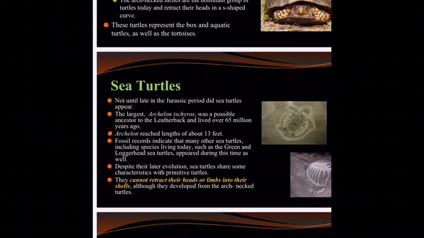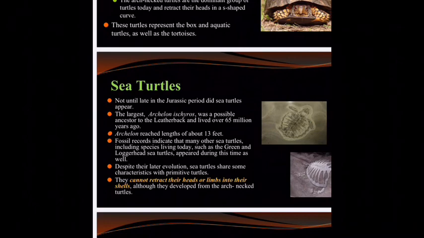We think about 65 million years ago, and they were about 13 feet long. Our fossil records indicate that there were other types of sea turtles, including ones that are still around today. The green sea turtle and the loggerhead sea turtle. But no matter what, even though they have evolved later than our primitive turtles, they still cannot retract their head or their arms into their shells.